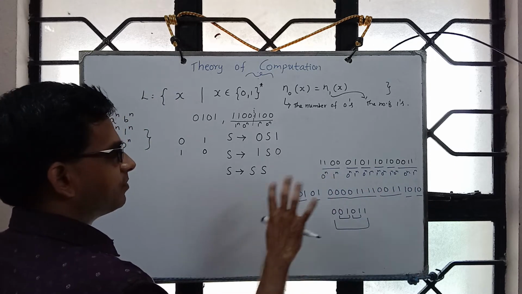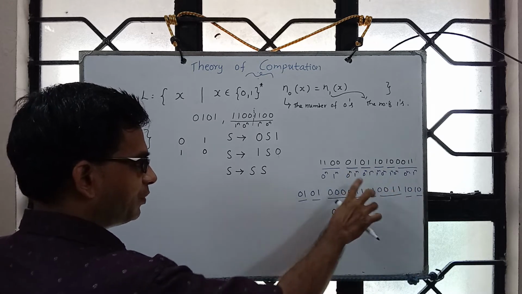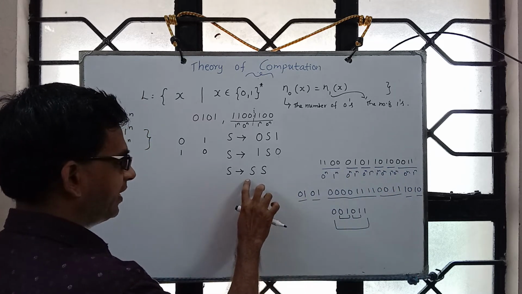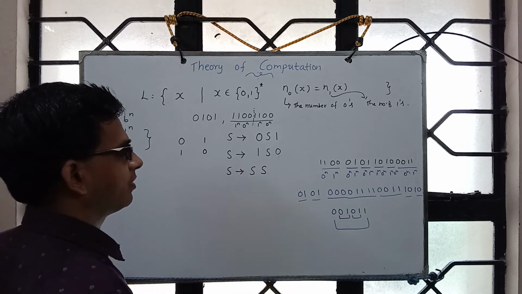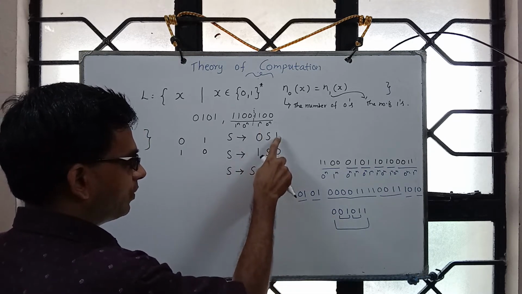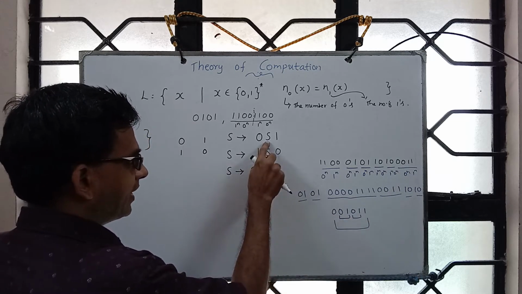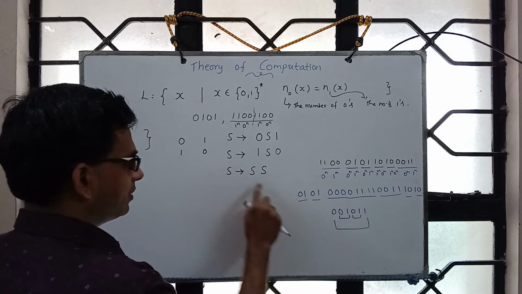It could be any form: 1^n 0^n, again 1^n 0^n, or 0^n followed by 1^n. So in any form it will be taken care of. And things like this, you do 0 1 as many times as you want. Then inside this you need a pattern, so choose this.